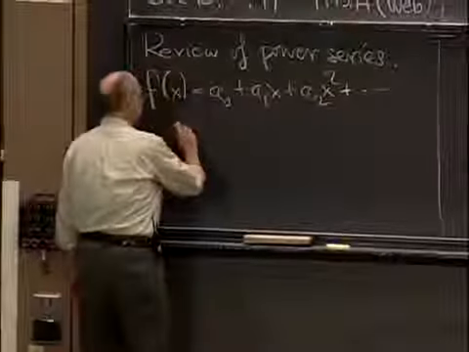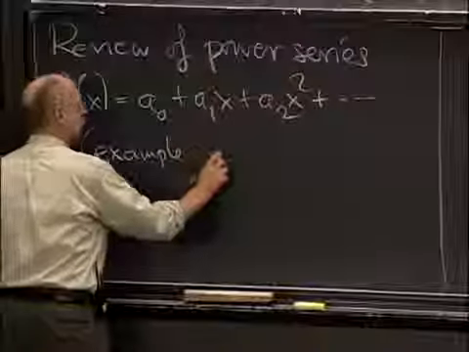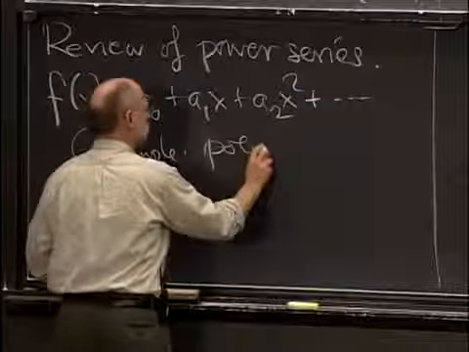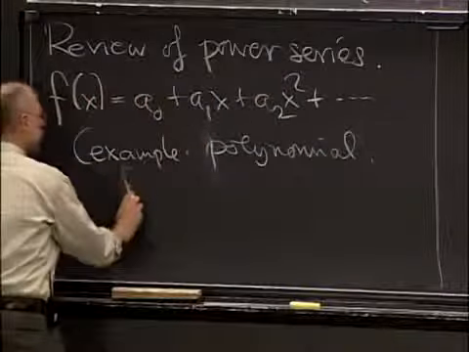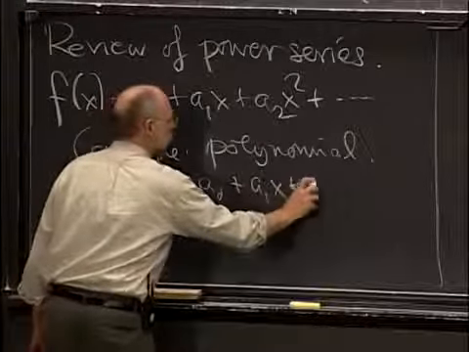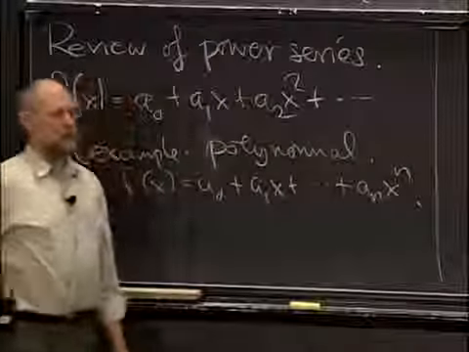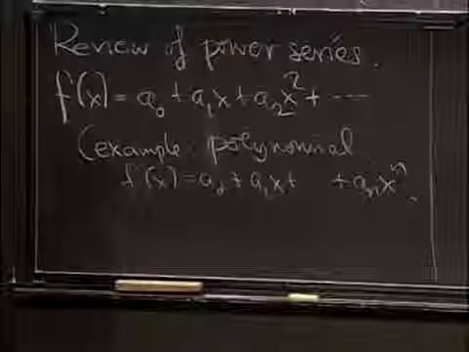An example of a power series is a polynomial. Not to be forgotten, one type of power series is one which goes on for a finite number of terms and then ends, so that all the higher a sub i's are all 0.